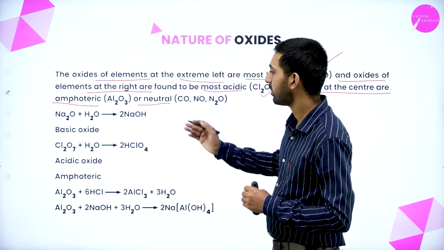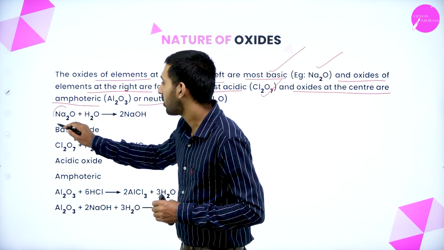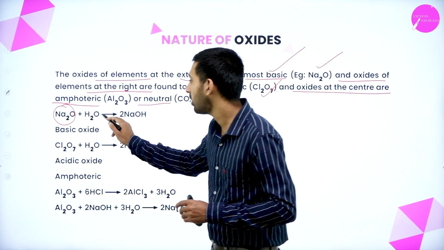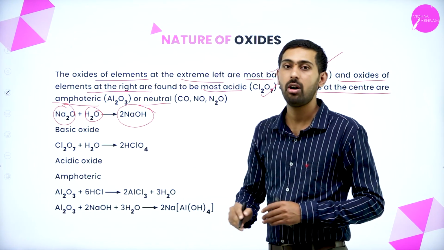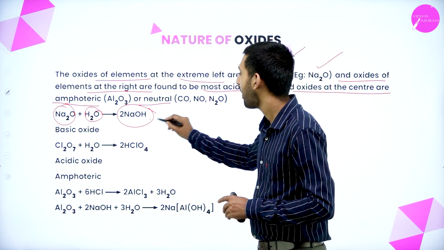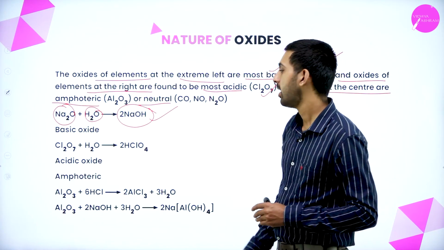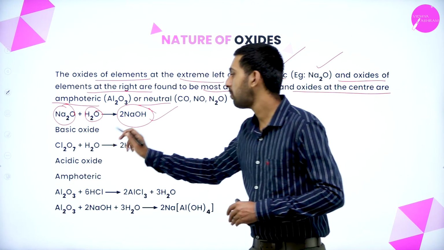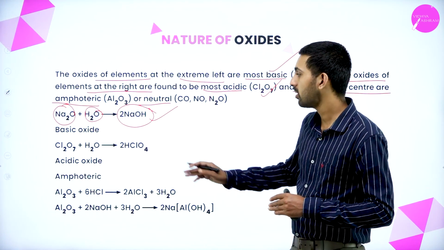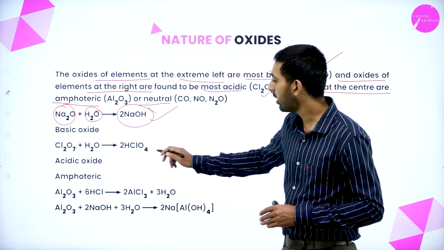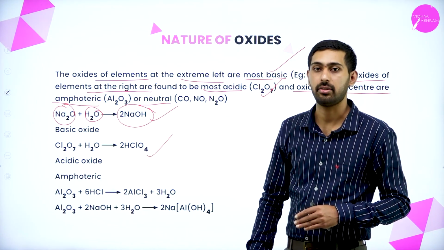Now let us see here. Sodium oxide is treated with water molecule. It forms sodium hydroxide, and it is basic in nature. Next, Cl2O7 plus H2O, an element at the right of the periodic table, gives HClO4, perchloric acid.